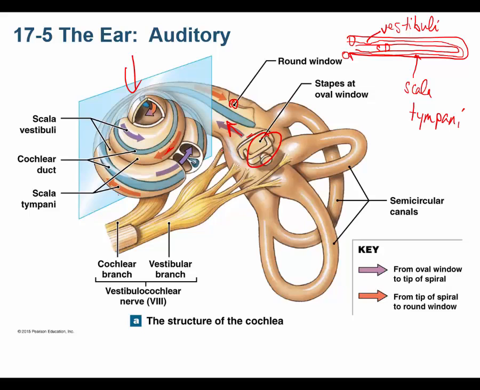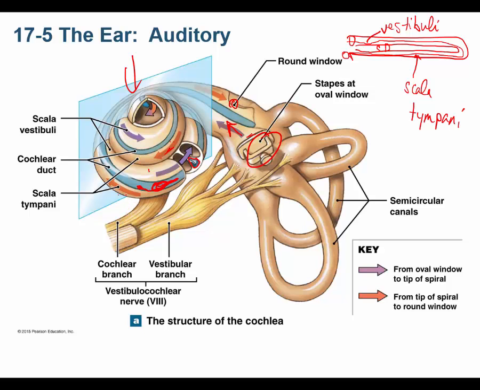And that round window is going to bulge because your sound wave has made a wave in this perilymph. The perilymph is going to bulge against the round window. Now, where is your endolymph? It's right in here. Your endolymph is inside this cochlear duct. Here's your endolymph in here. This is your endolymph inside this blue cochlear duct. So the perilymph is in the scala, and the endolymph is in the cochlear duct.